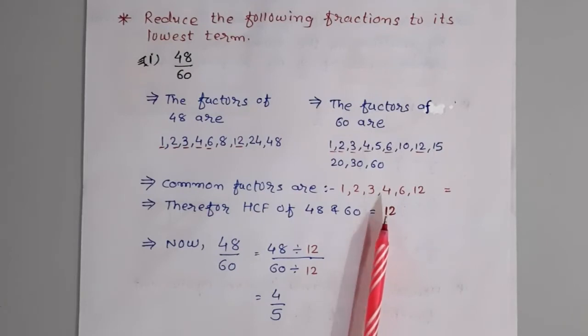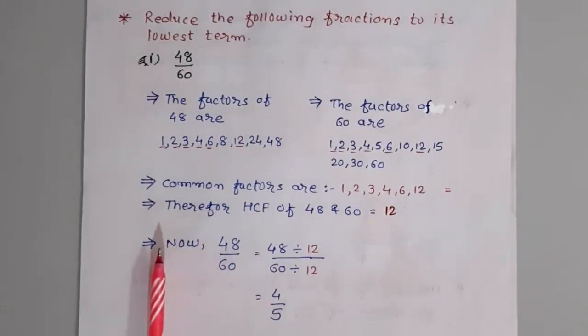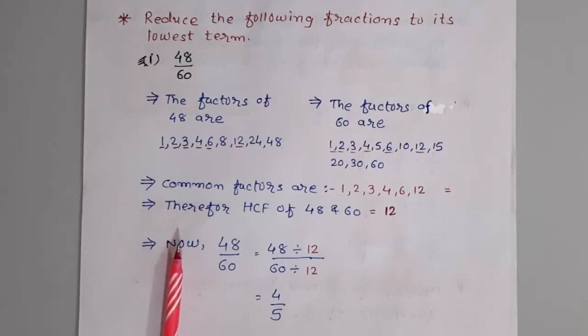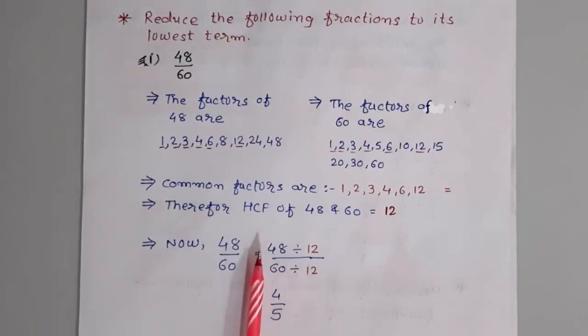So the HCF will be 12. Now divide the numerator and denominator by its HCF, so 48 divided by 12 and 60 divided by 12. So 4 upon 5 is the lowest term of 48 upon 60.